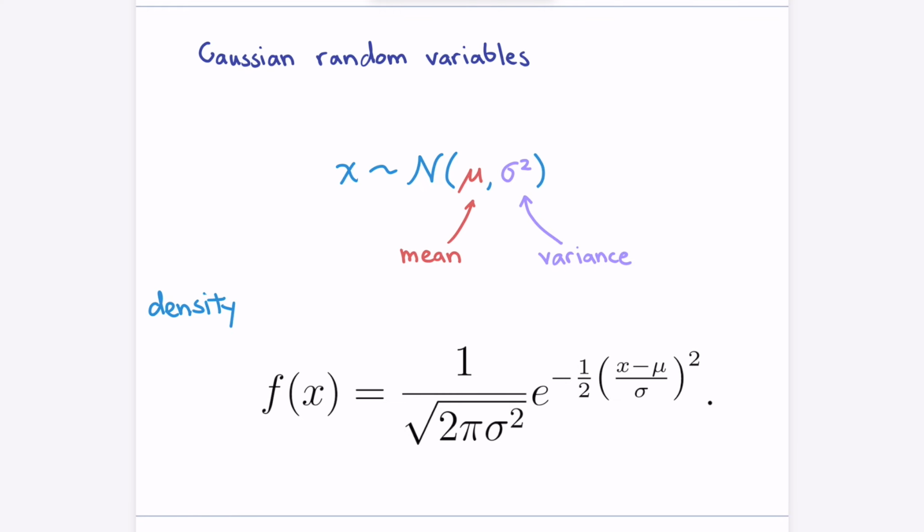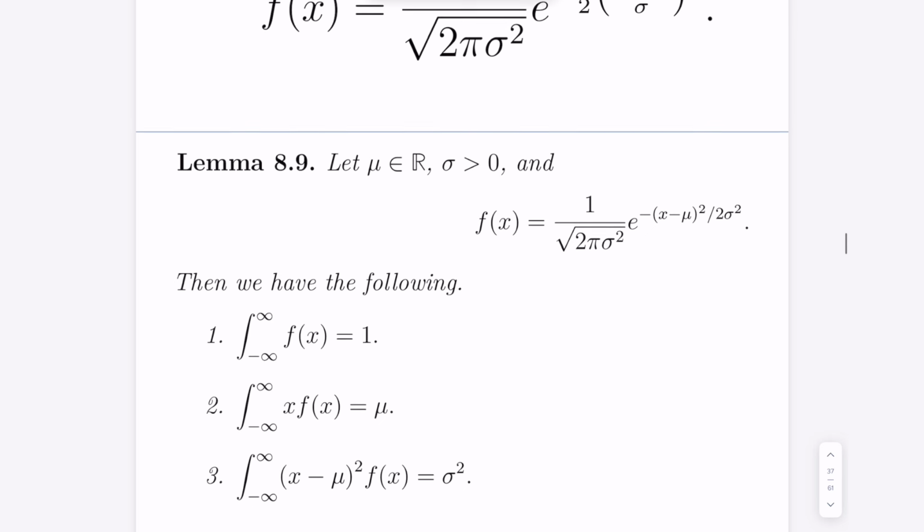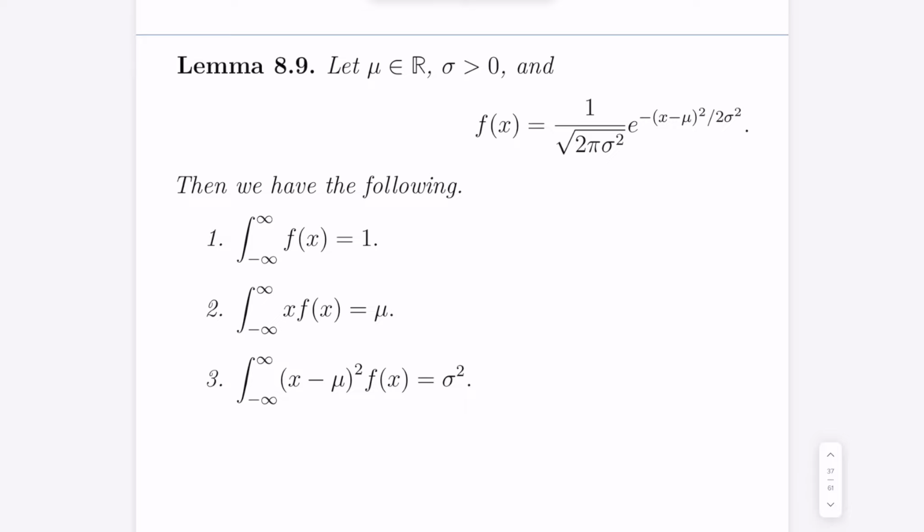At some level, I think this density function is reverse engineered to be nice. If you're taking a real analysis class, then you might have done these exercises, where you integrate and see this all adds up to 1. If you do x f(x) for the expected value, you'll get the mean, and this will get the variance. Somewhere in here, you need to do this really cool thing: you want to do your polar coordinate trick.